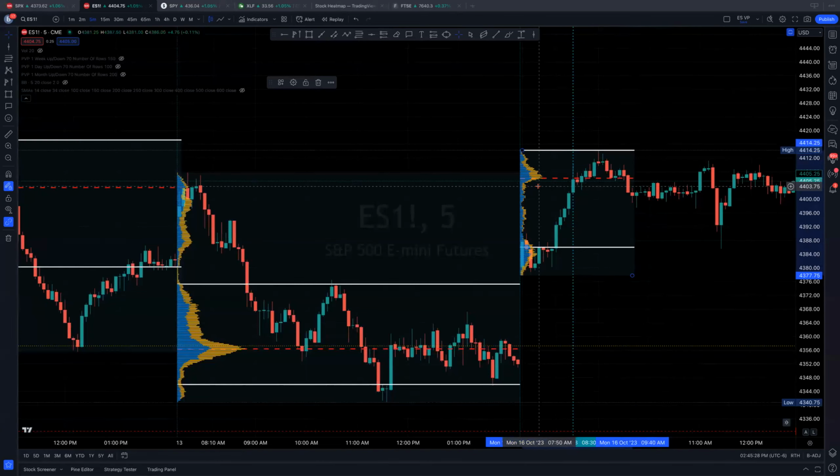So from our previous videos, what does a high volume node tell us? Can somebody tell me what this high volume node means right here?